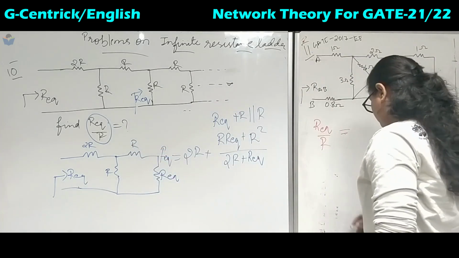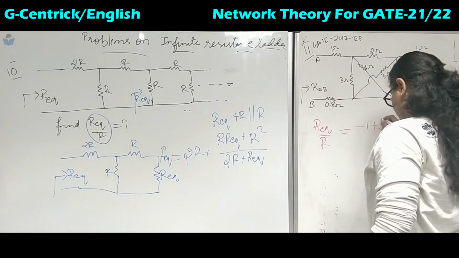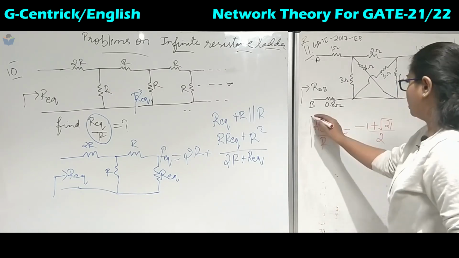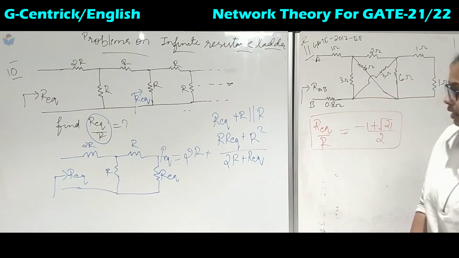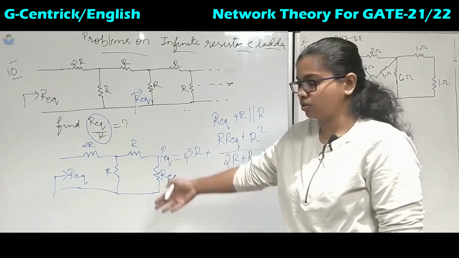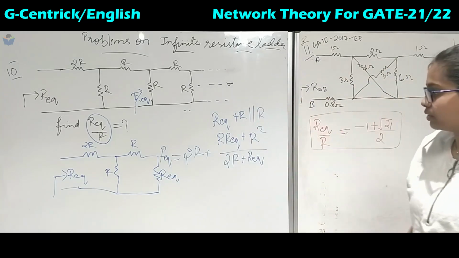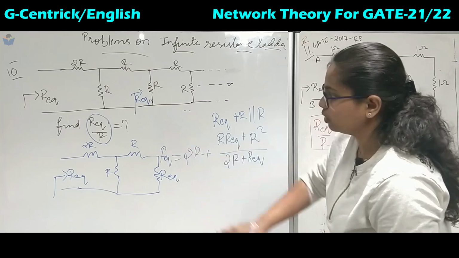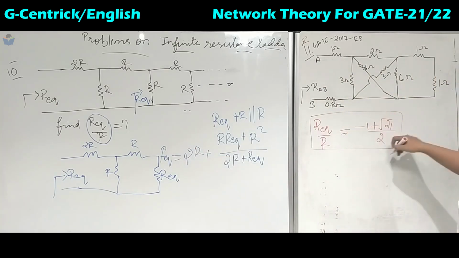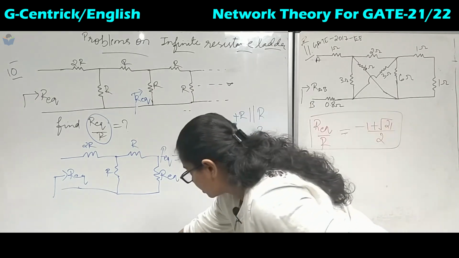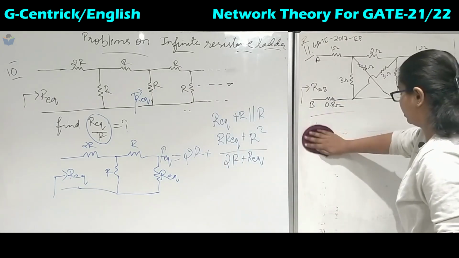So the answer you get is minus 1 plus square root of 21 over 2. This is the answer for this quadratic equation. You will have to take the LCM, then cross multiply. After solving, take R common and divide with respect to R equivalent, and we get this answer. Okay, so we will move on to the 11th question, which was asked in GATE 2017.